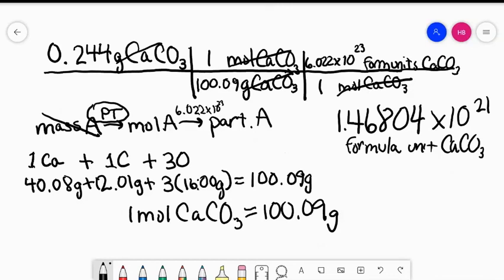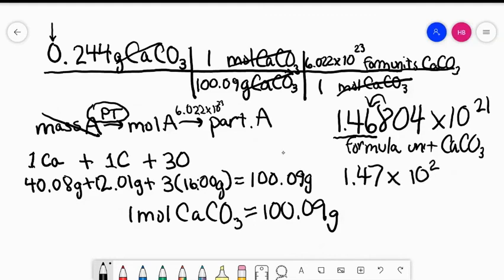Now, we're not quite done yet because we need to consider significant figures. If you remember, significant figures have some rules to go with them. Leading zeros are never significant, so that is not significant. Non-zero digits are always significant, so I have 1, 2, 3 significant figures. So I need to answer in 3 significant figures.